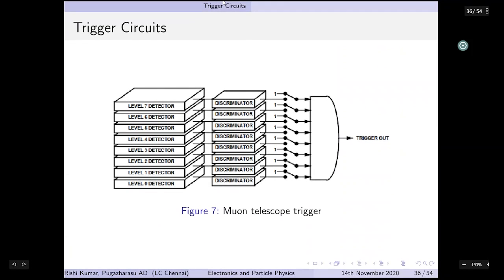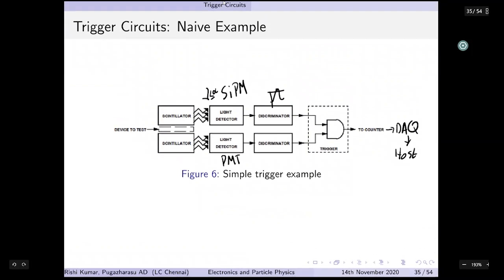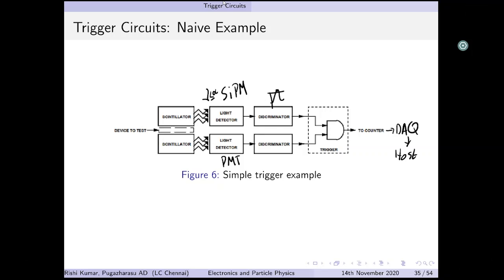And sometimes, okay, let me actually go over the previous one. Two equivalent channels actually process this. It needn't be a PMT or a SiPM, it could be both SiPM and PMT. Basically what we're doing here is an AND operation.